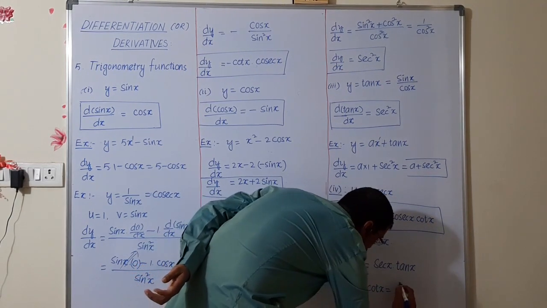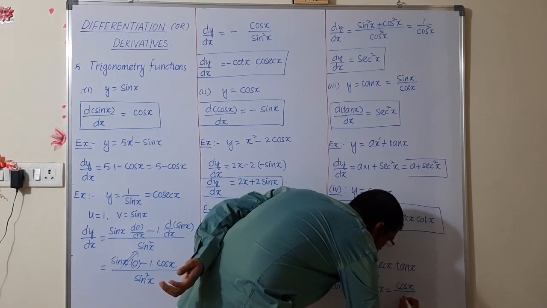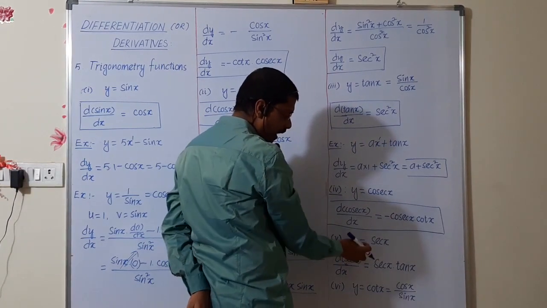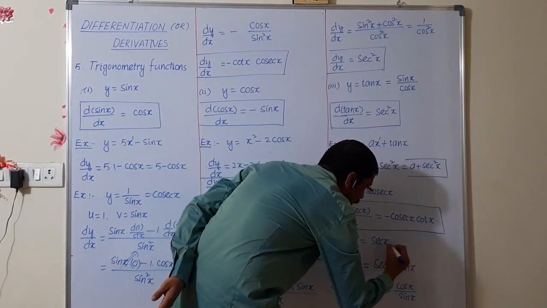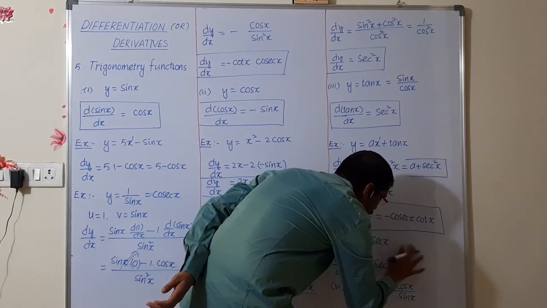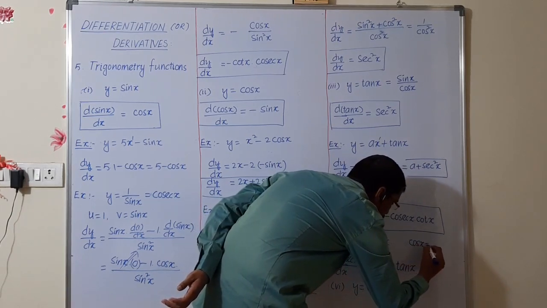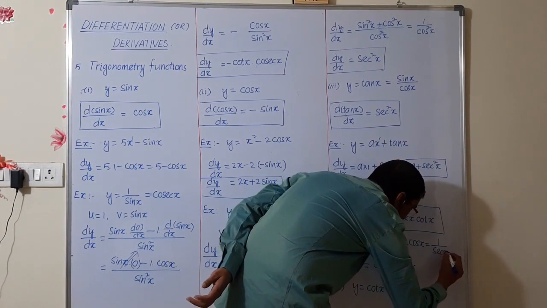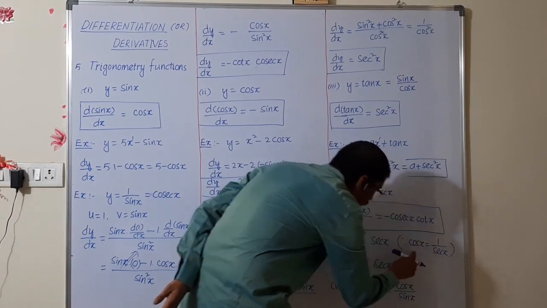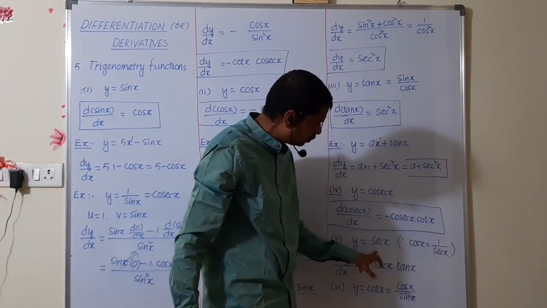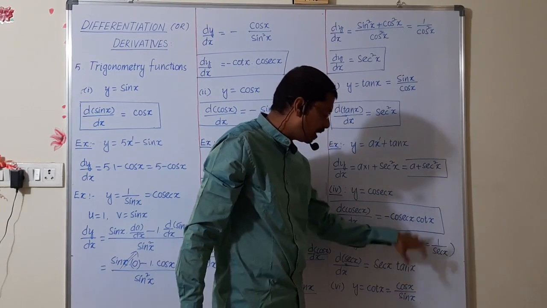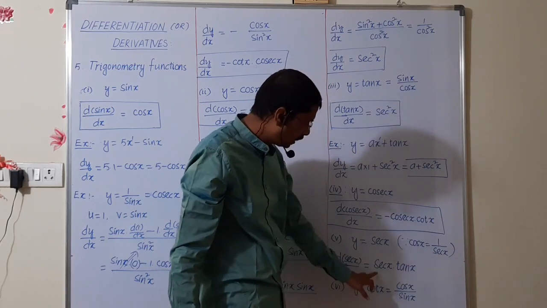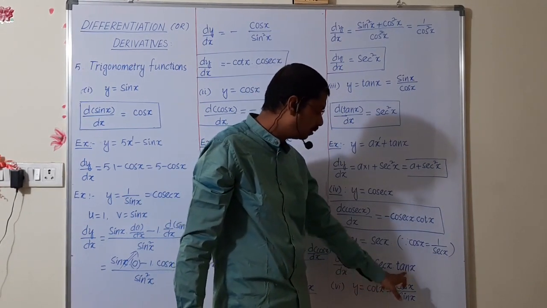This value we can write as cos x upon sin x. By using this we can make the formula. Otherwise, cos x equals 1 upon sec x. Now y equals sec x, which we can write as 1 by cos x. Again it is a reciprocal, and for reciprocals we can use the division method. By using the division method we get the formula sec x into tan x.